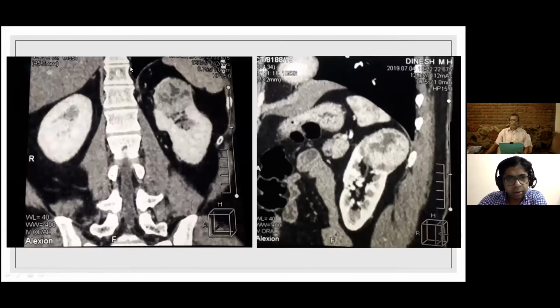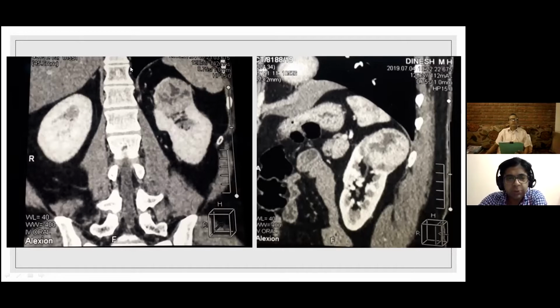Can you see it? Yes. Right. According to the appearance of the CT, the right side kidney seems to be normal, and on the left side there is an upper polar heterogeneously enhancing, thin, well circumscribed lesion.